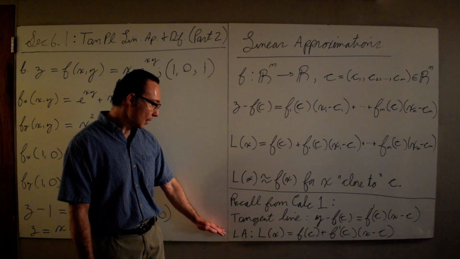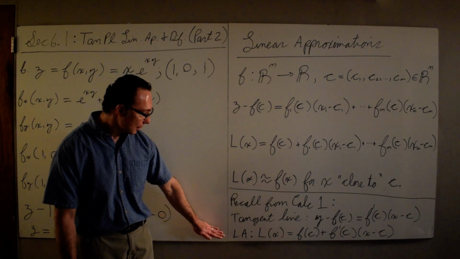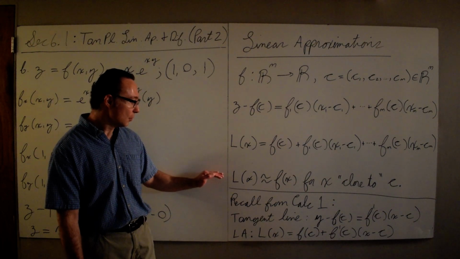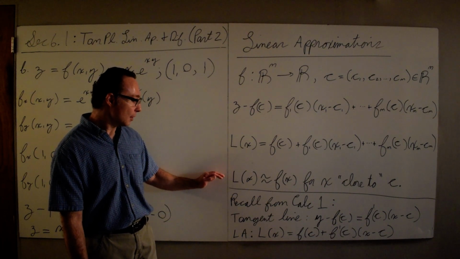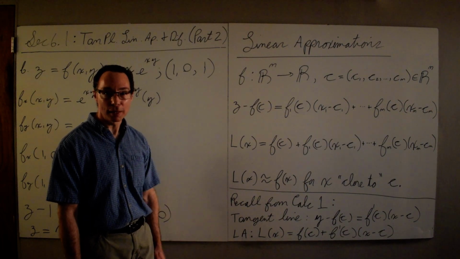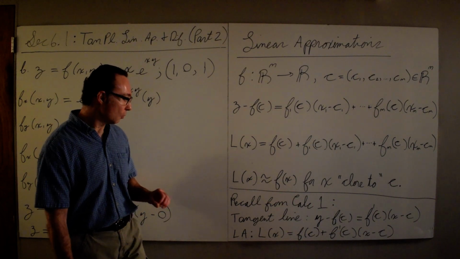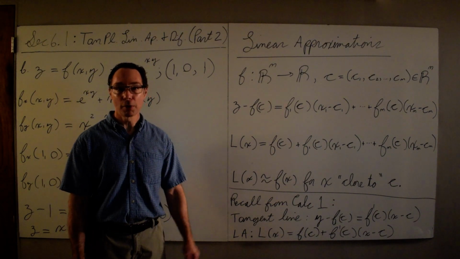And the idea is, L of x is approximately equal to f of x, just like it was in Calc 1. So that's why it's called a linear approximation. The closer x is to c, the better the approximation.